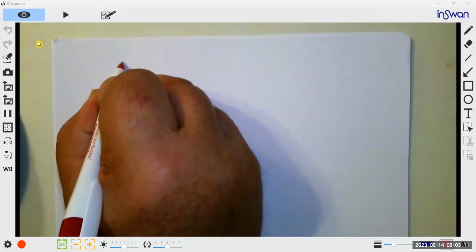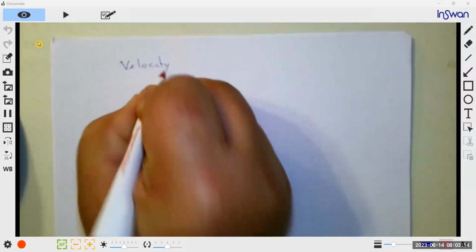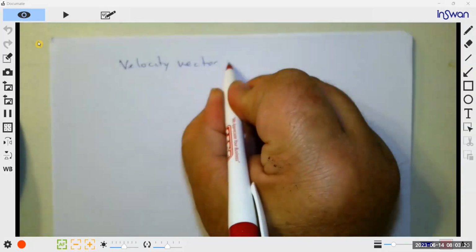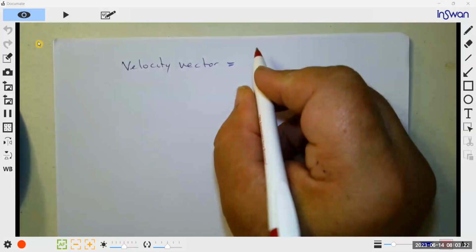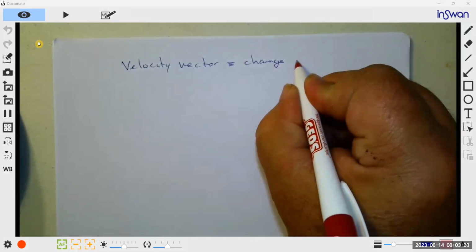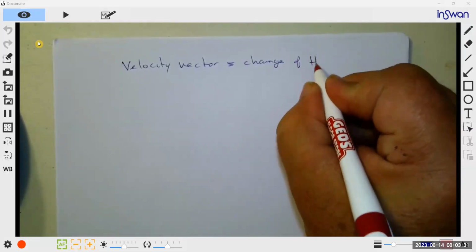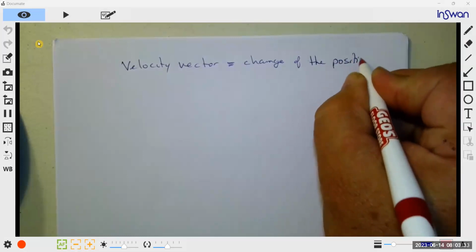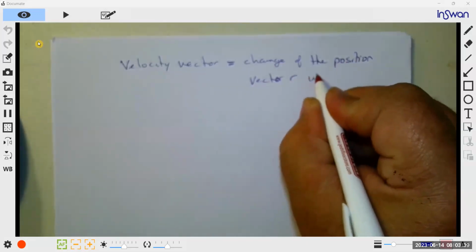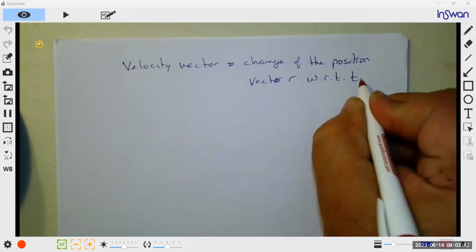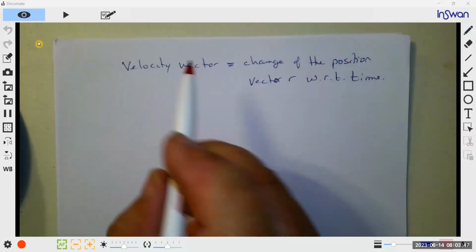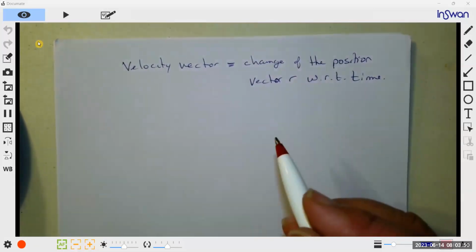We see that it is the change of position with respect to time. So we see that already because it's a derivative of it.